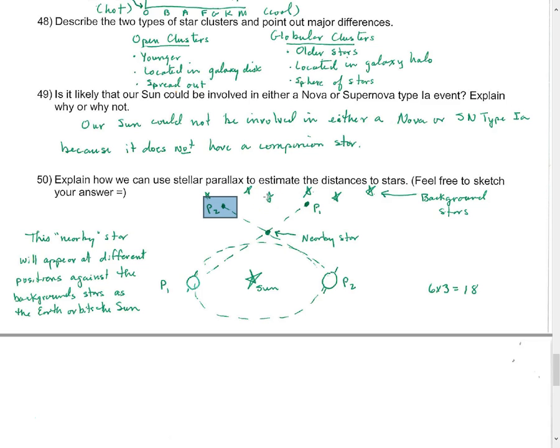Some of you had great summaries, saying that the closer the nearby star, the bigger the change against the background stars. Scientists can use this angle as a parallax angle to understand the distance to the star. Let me know if you have any questions.